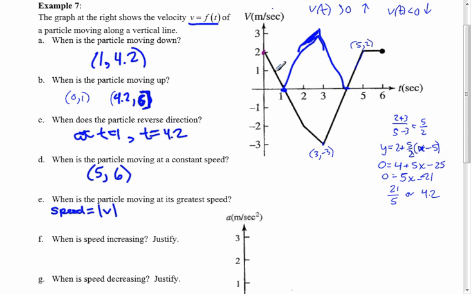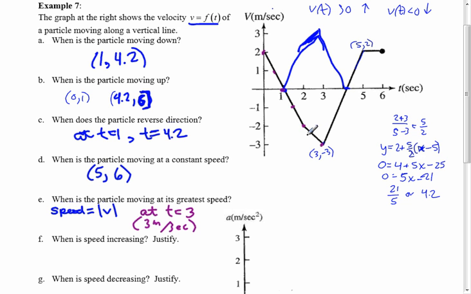Well, the speed's 2 here, speed's 1, 0, then 1 in the opposite direction, 2 in the opposite direction, 3. It looks like the highest number that we reach is -3, but with speed, remember, it's just positive. So when is the particle moving at its greatest speed? At t = 3. It's moving at 3 meters per second there. So that's the fastest speed that it gets to.